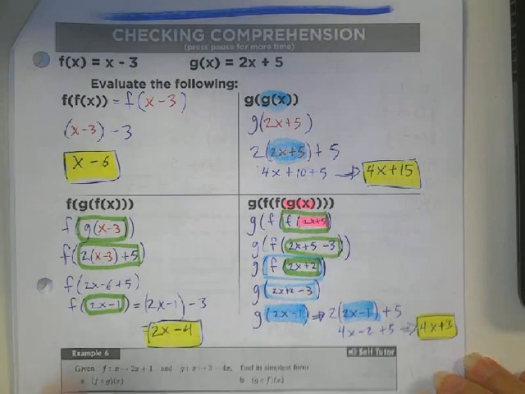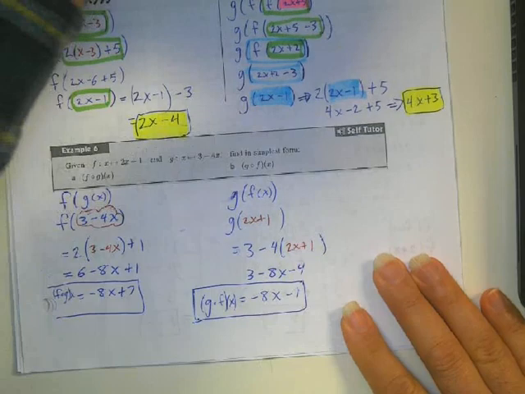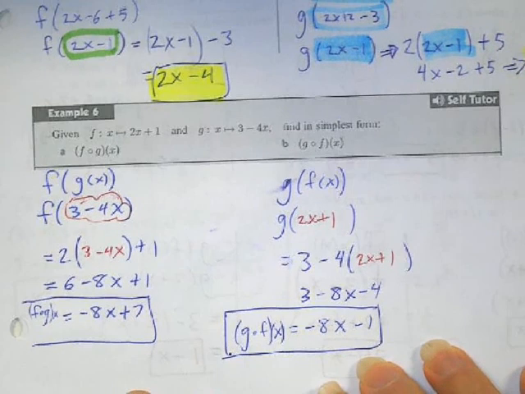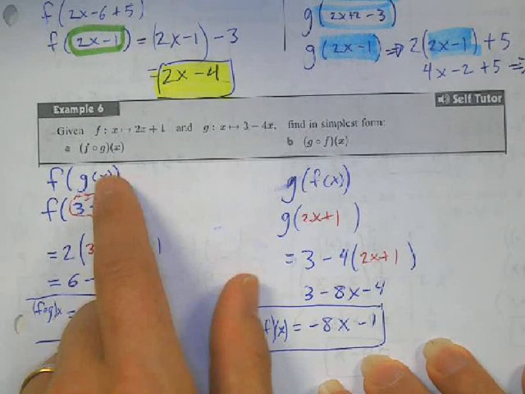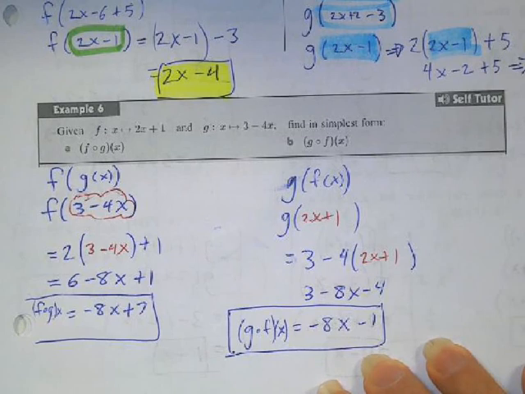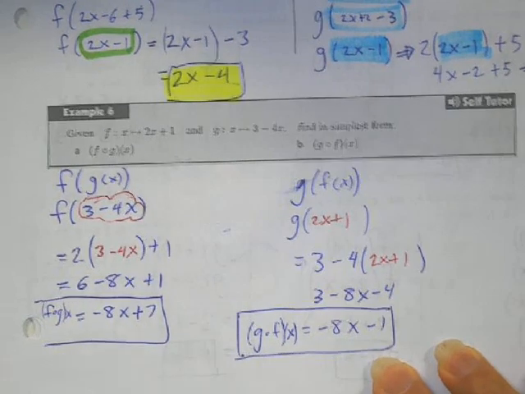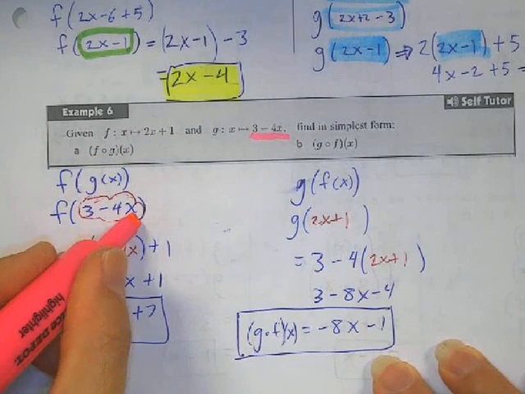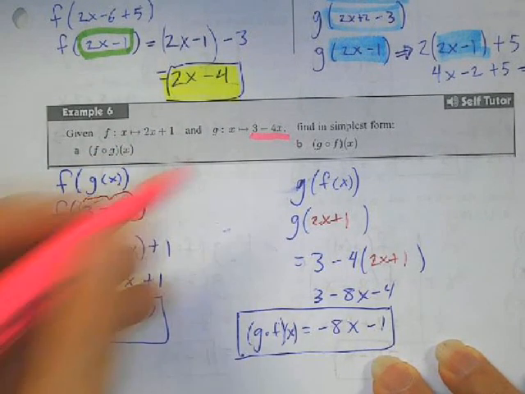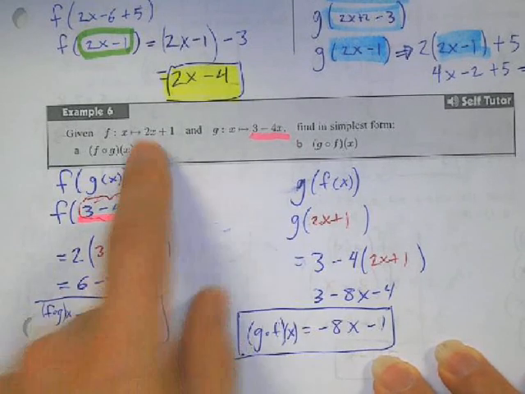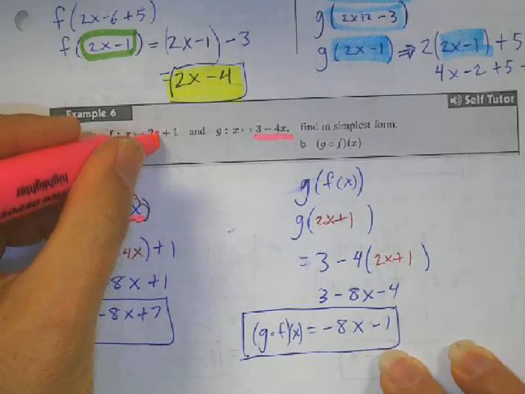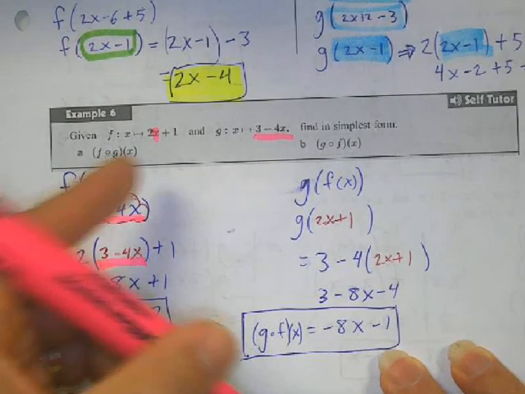Okay, so the bottom part of the page is not Professor Dave Explains. It's from a textbook. So here, g of x is equal to 3 minus 4x. And now f of x is equal to 2 times whatever this is, 2 times whatever that is plus 1.